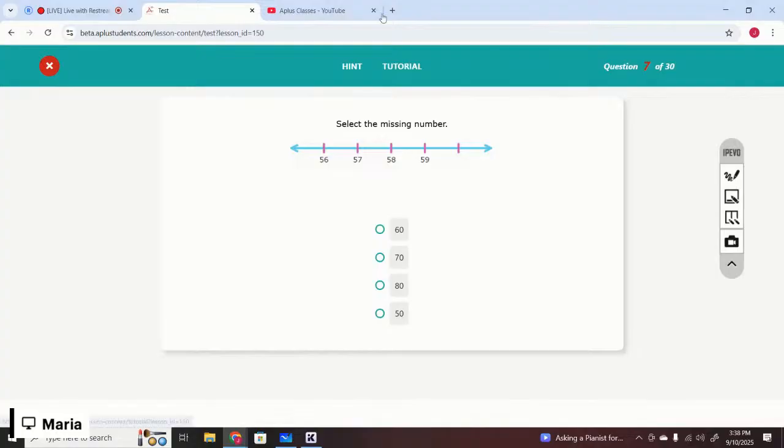Select the missing number. That is 60. Option number 1 is the correct option.